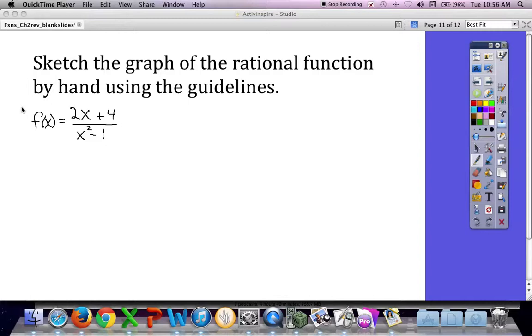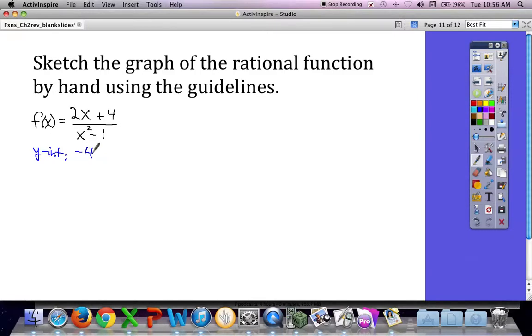So let's see, y-intercept. What is the y-intercept? Substitute x equals 0. Negative 4 over negative 1, which is negative 4.